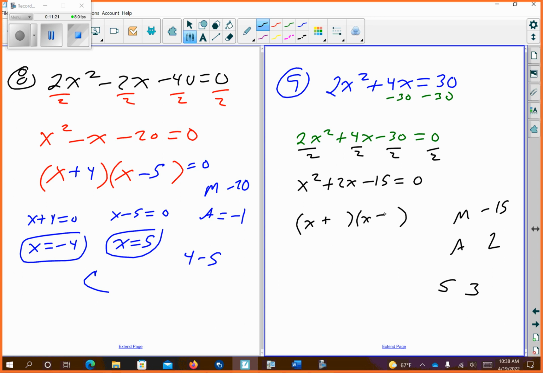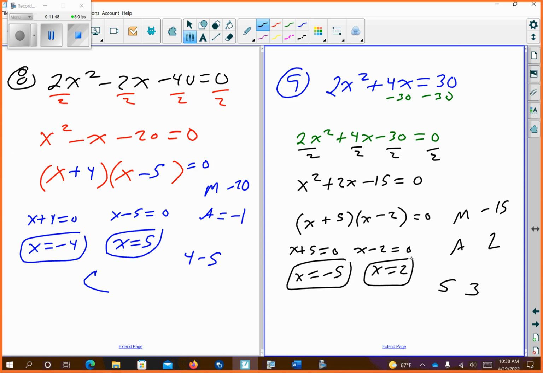Which one's positive to add those together to get me a positive 2? Positive 5. So I get positive 5 and negative 3. These are still equal to 0, so I get x plus 5 equals 0. x minus 3 equals 0. So I get x equals negative 5 as one answer. Add 3 to both sides, x equals 3 for the other one.